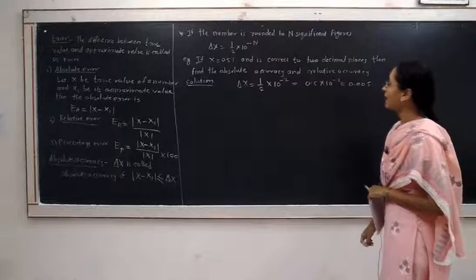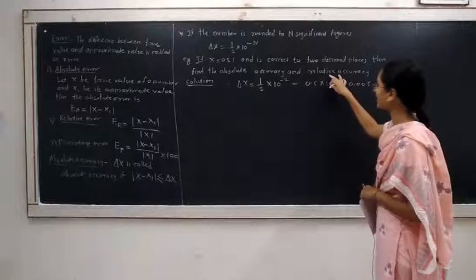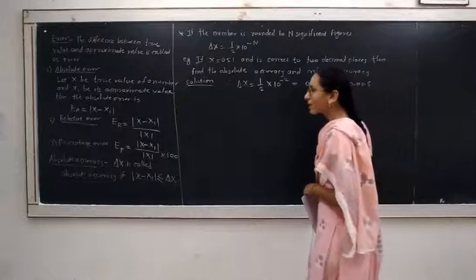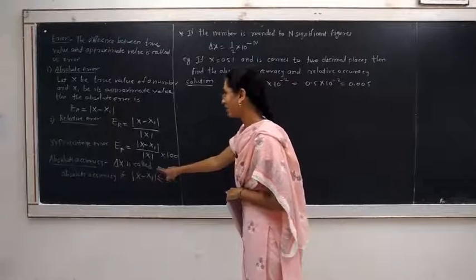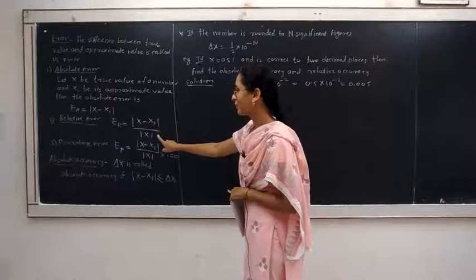This is the absolute accuracy, and the relative accuracy is given by delta x upon mod x.